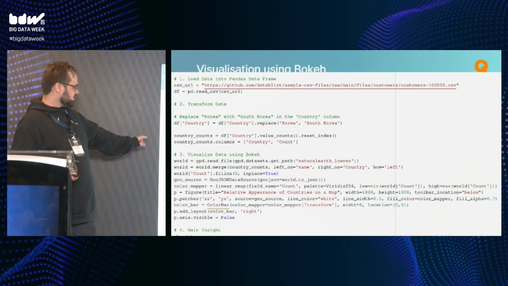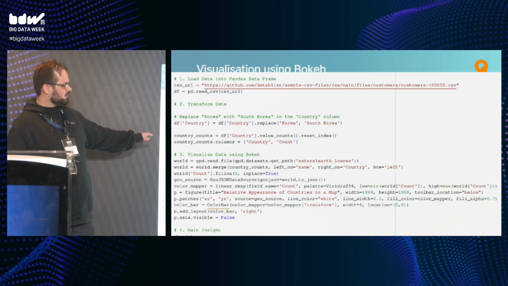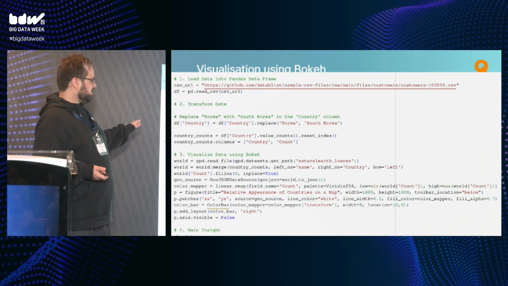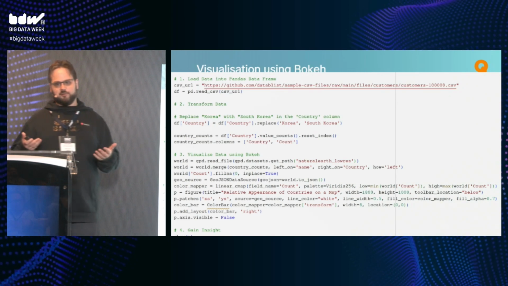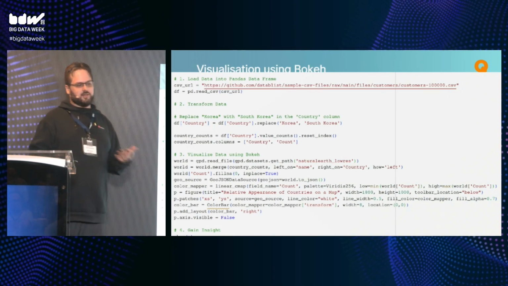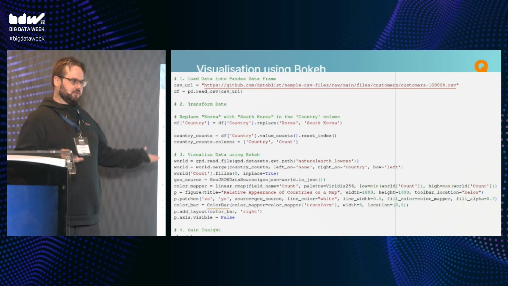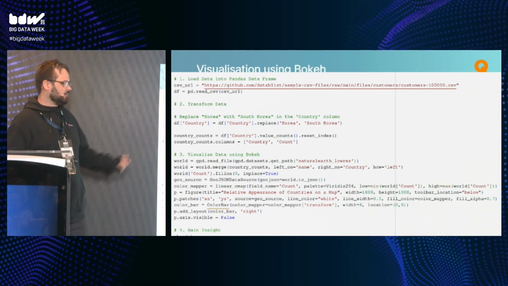And so we need to change the country where every time it says Korea into South Korea, because this is probably what they mean by Korea. And that's something you need to do when you look at data. You need to gain some insight, gain some understanding, and sometimes even change it correctly. Now, it's generated data. They could just as well have meant North Korea, but in practice, they probably meant South Korea.